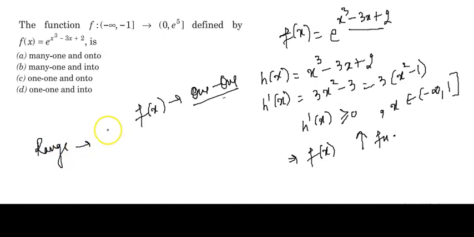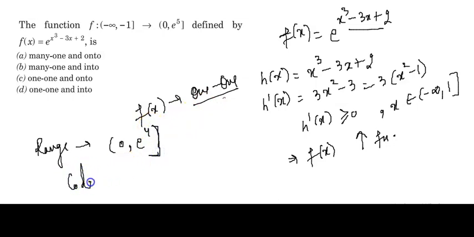If I substitute, the range of f(x) will be 0 to e⁴, because when I substitute x = −1 we get 4, and I guess that will be the maximum value of the power. So the range will be 0 to e⁴, and this will be closed.